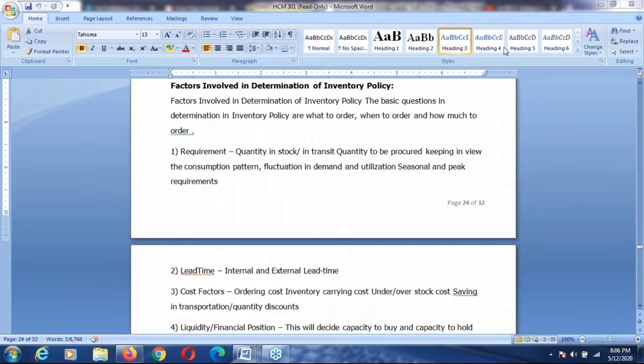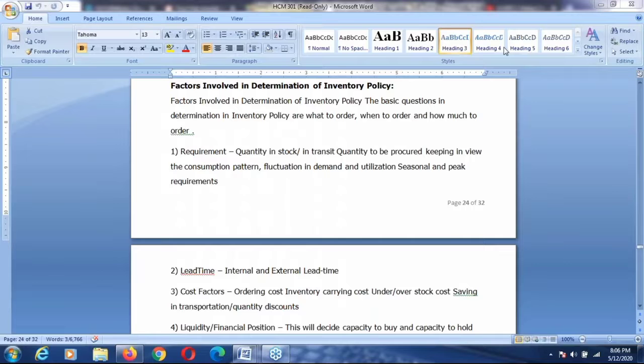All right. Yes. So we are talking about factors involved in determination of inventory policy. I said earlier that there are three basic questions that will come to mind when you are talking about inventory policy: what to order, when to order, and how much to order.